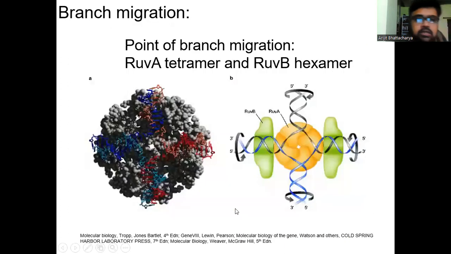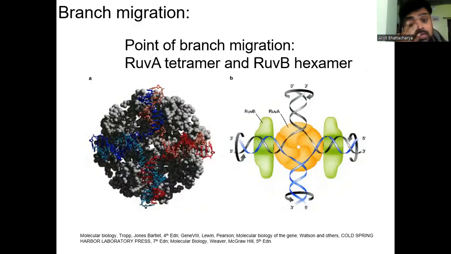Next is the branch migration. After this strand invasion and then formation of this holiday junction, as we mentioned earlier, there is a need for migration of the holiday junction in a certain direction. This migration is mediated by a complex called RAV-A and RAV-B.